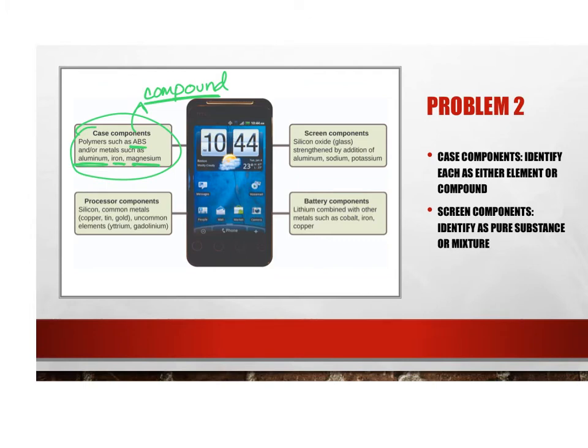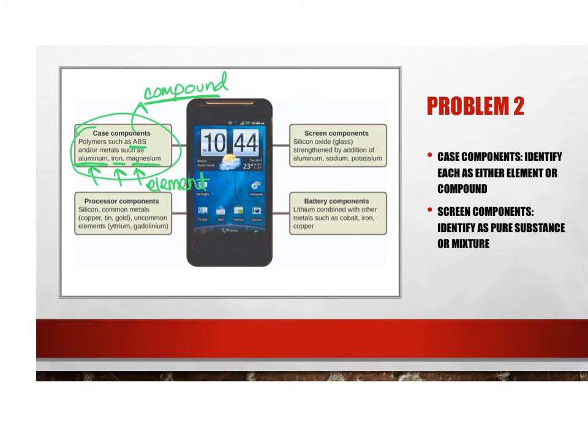Aluminum, iron, and magnesium. If you looked all of these up, they all are identified on the periodic table. The full name for that is the periodic table of elements. If you see anything that matches on the periodic table, which we haven't really expanded upon so much yet, but you should be vaguely familiar with the periodic table, each one of these is an element. So that would be the answer for our first part of this question.